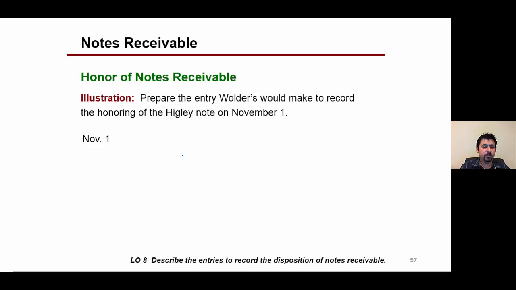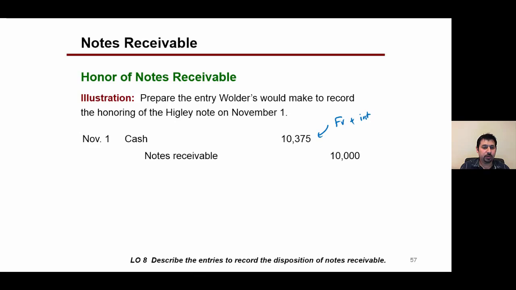Now on the 1st of November, when Walder presents the notes receivable to Higley, they will debit cash 10,375. Again, they receive face value plus interest. They will also credit note receivable 10,000.